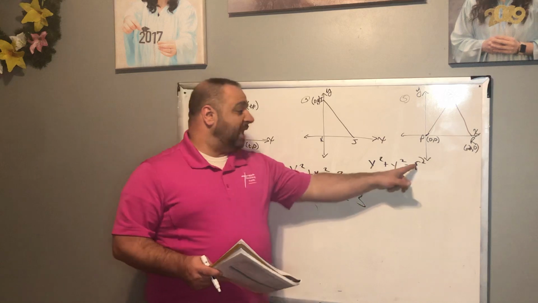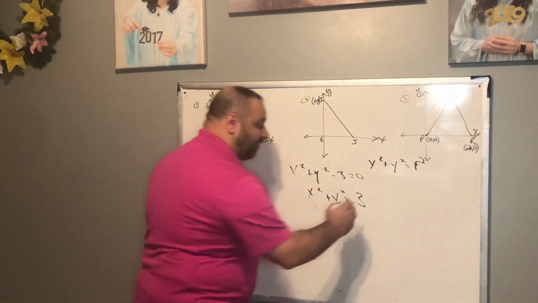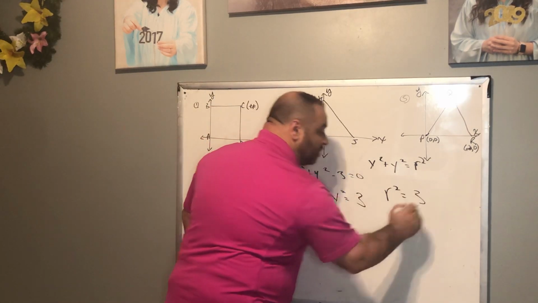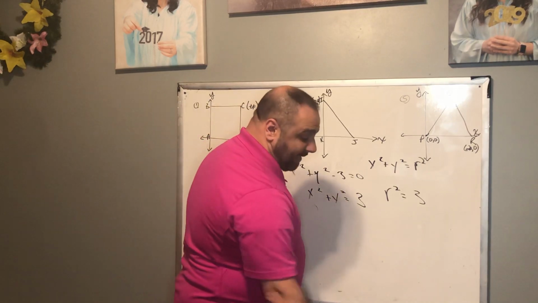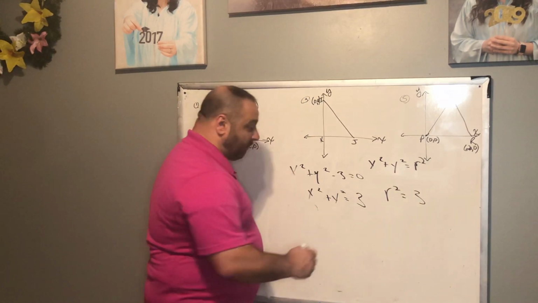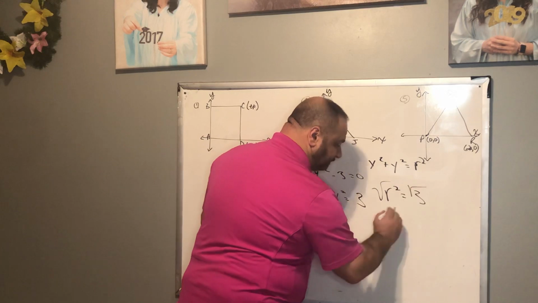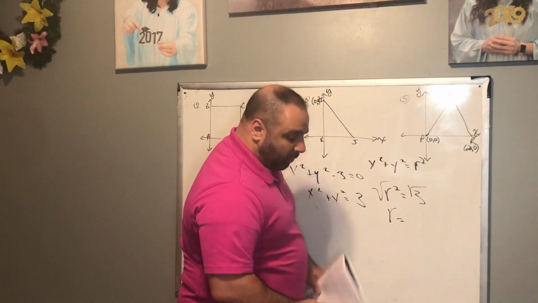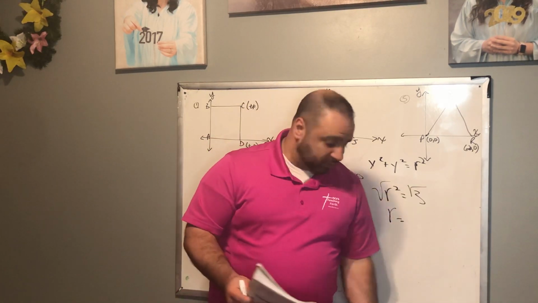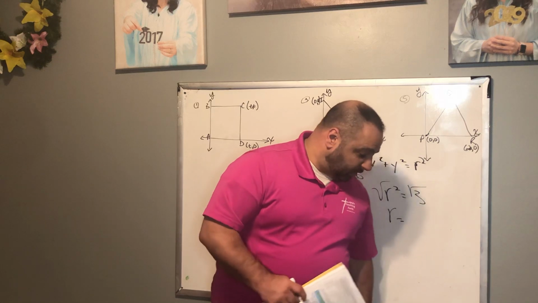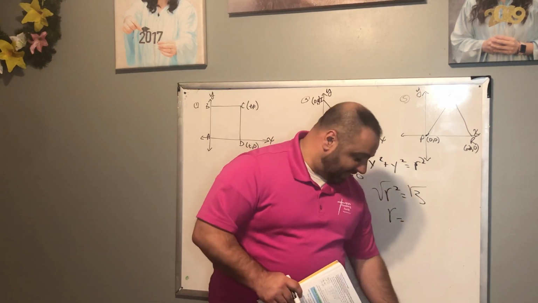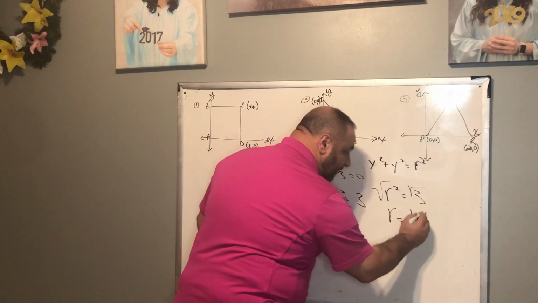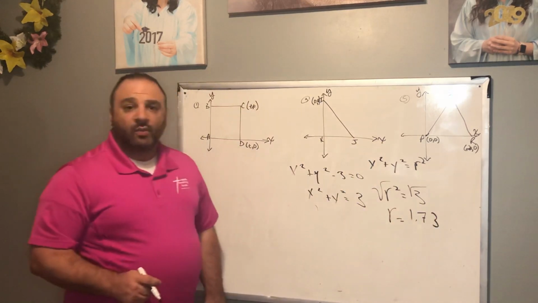Since we have r squared in our formula, we want to figure out what the radius is. So r squared equals 3. Then we find the square root of both sides, and r will equal, let me see here, 1.73.